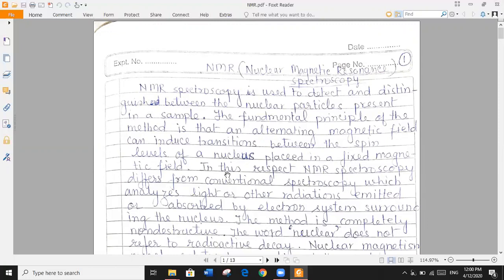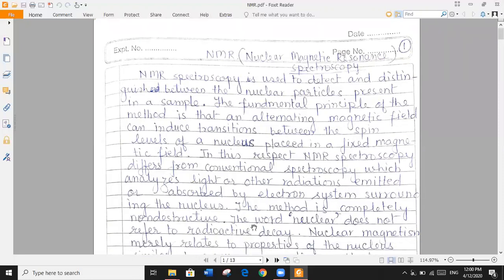In this respect, NMR spectroscopy differs from conventional spectroscopy, which analyzes light or other radiations emitted or absorbed by the electron system surrounding the nucleus. The method is completely non-destructive.